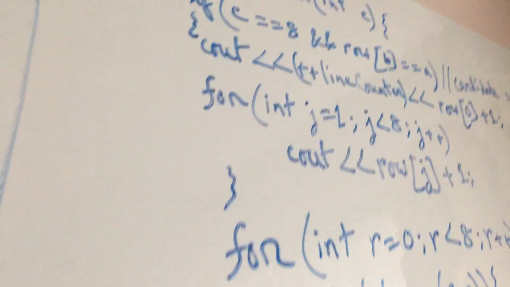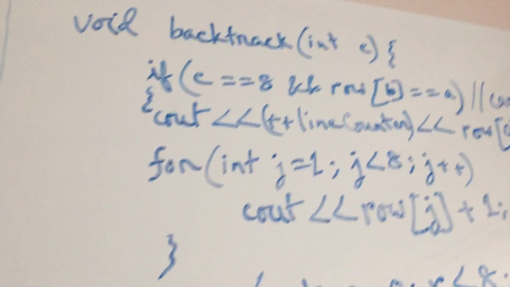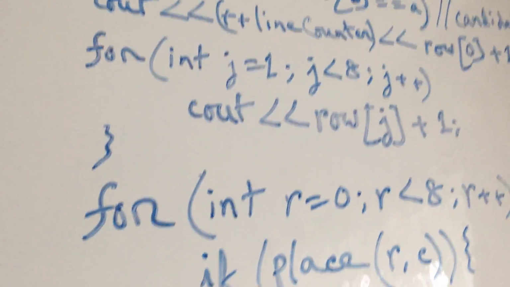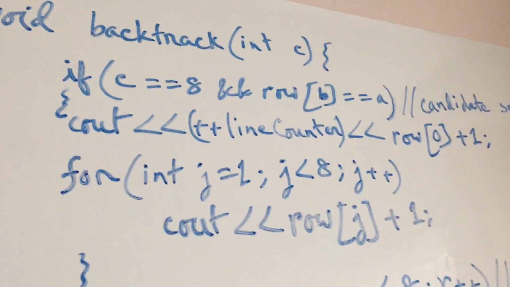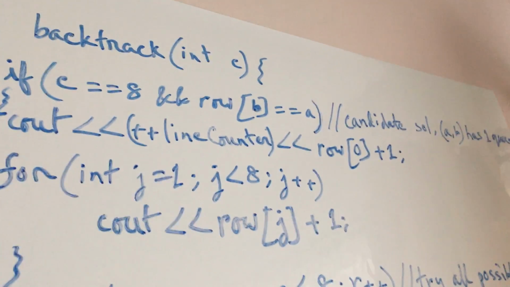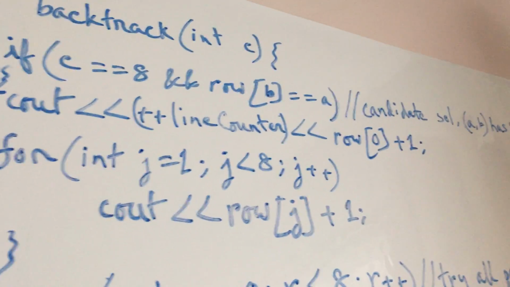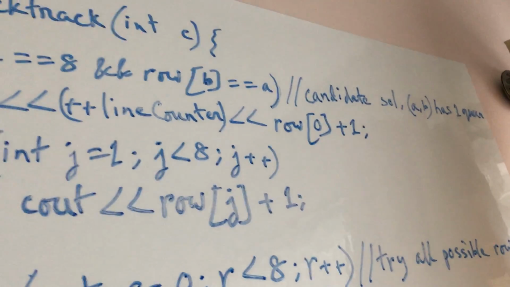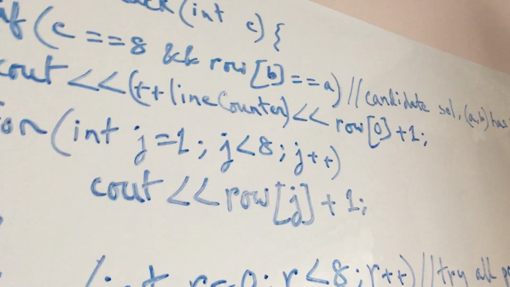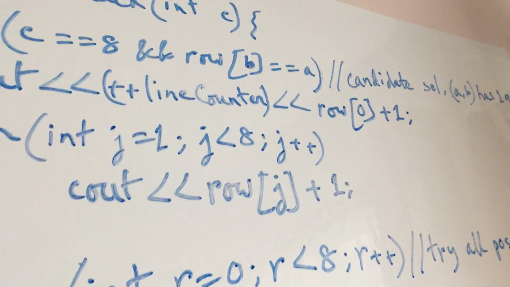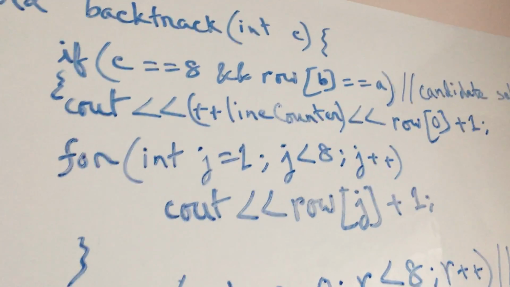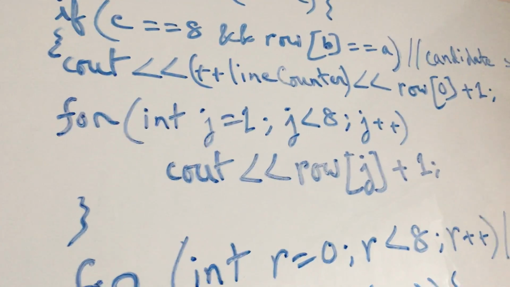So the main function that is doing the processing here is the backtrack function, which takes the column position and checks whether that particular coordinate has a queen on it.